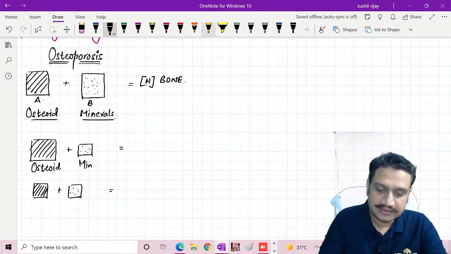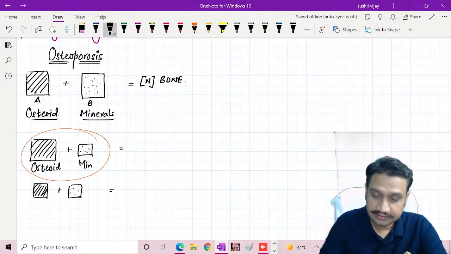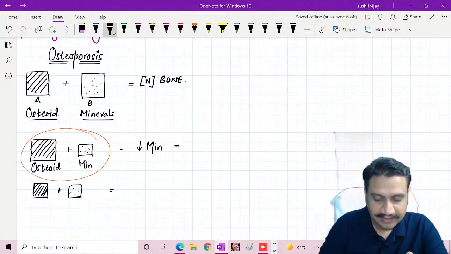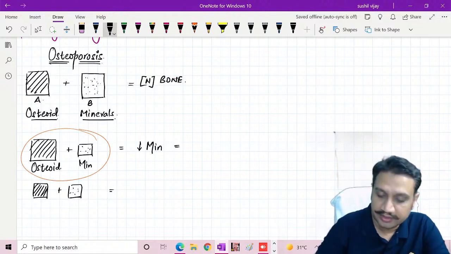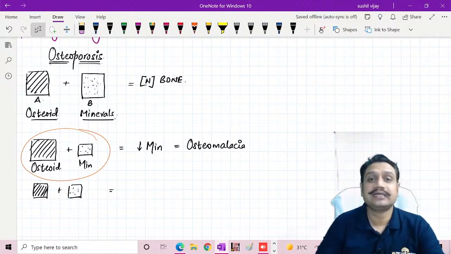What is happening in this pathology where the osteoid is normal and the mineral is decreasing? It is a disorder where there is a decrease in mineralization. And when there is a decrease in mineralization, what do you call it? You have already called it osteomalacia. Okay.